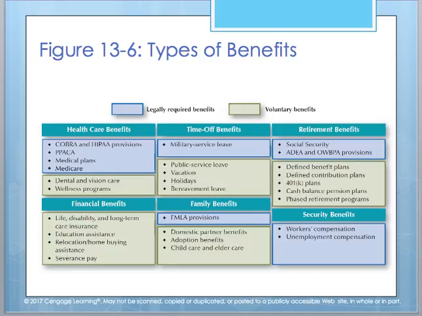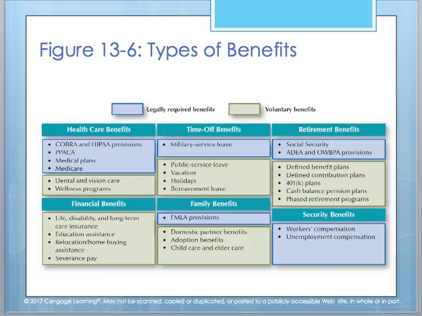Figure 13.6 shows you the types of benefits you have: healthcare, financial, time off, family, retirement, and security benefits. Those that are in blue are the ones that are legally required, and the ones in green are all voluntary. So if you see, it's not legally required for you to have dental and vision care or wellness program. It's not legally required for you to have severance pay, to cover any relocation and home buying assistance.